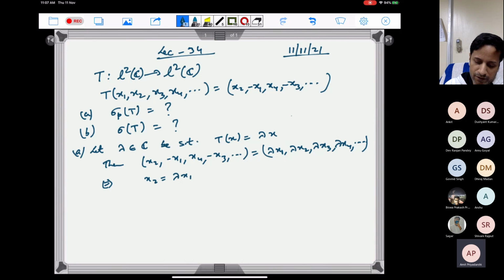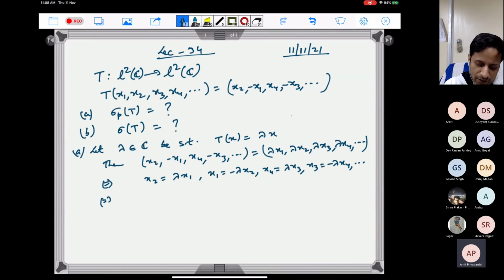In fact, I can simply write, you see that x2 will be lambda x1, and x1 will be equal to minus lambda x2, and then x4 is lambda x3, x3 is minus lambda x4, and so on.